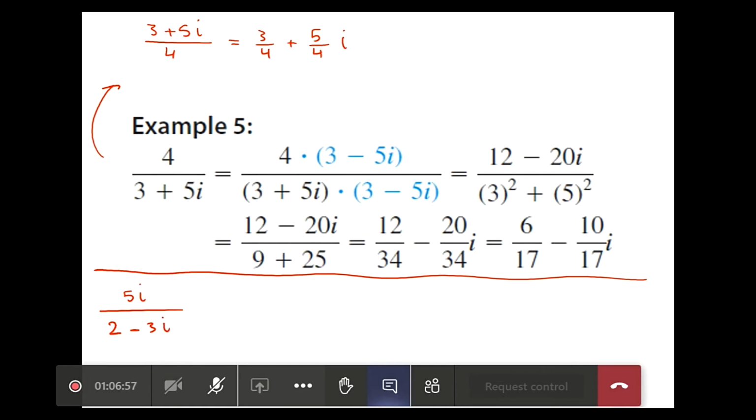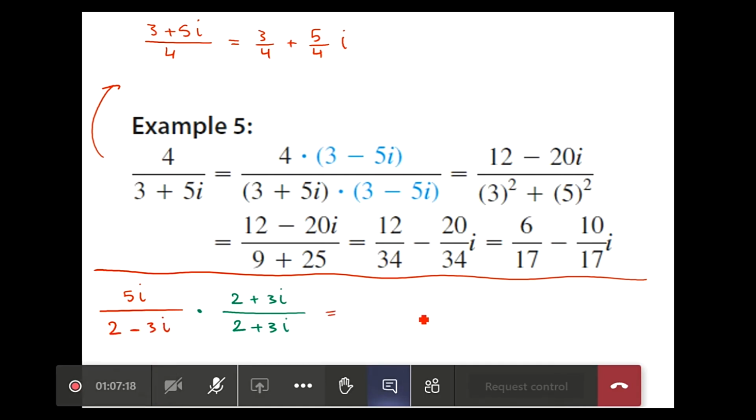Okay, now we need to multiply by the conjugate. What's the conjugate? The conjugate of the denominator, 2 plus 3i, and multiply the numerator with the same number, 2 plus 3i.